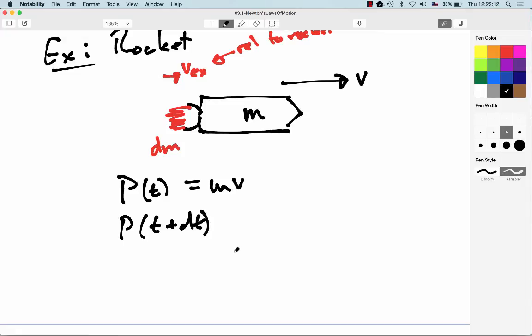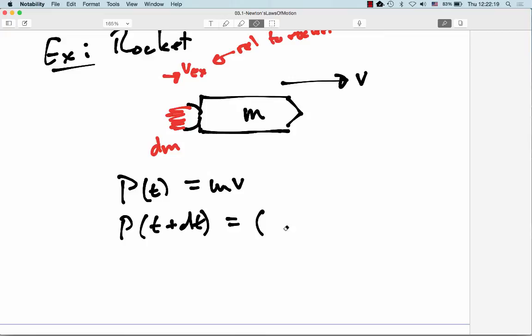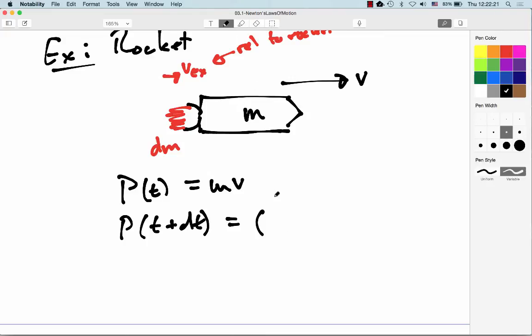So at some time t plus dt, the mass of the rocket is now m plus dm. And yeah, I know dm is negative, we'll deal with that in a moment. The speed of the rocket is v plus dv. And to that, we have to add in the mass of the ejected fuel. The ejected fuel has a mass of minus dm, like so.